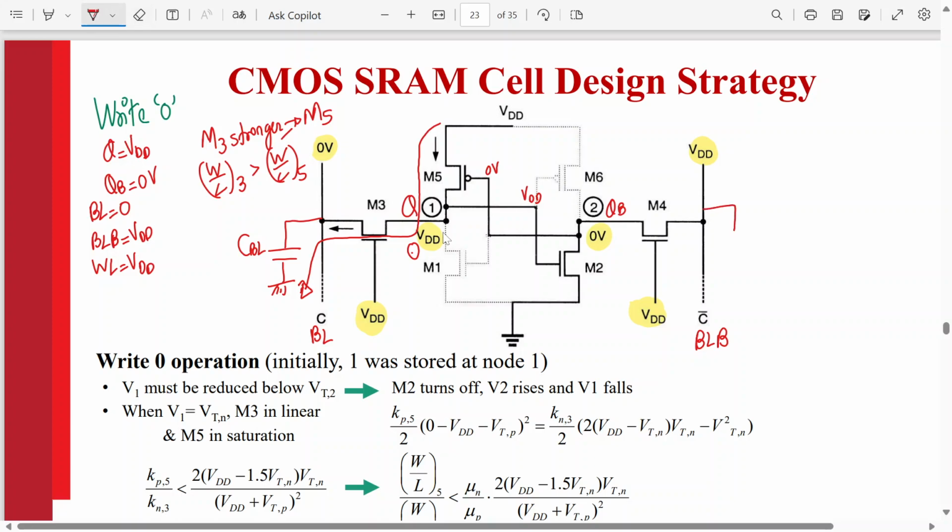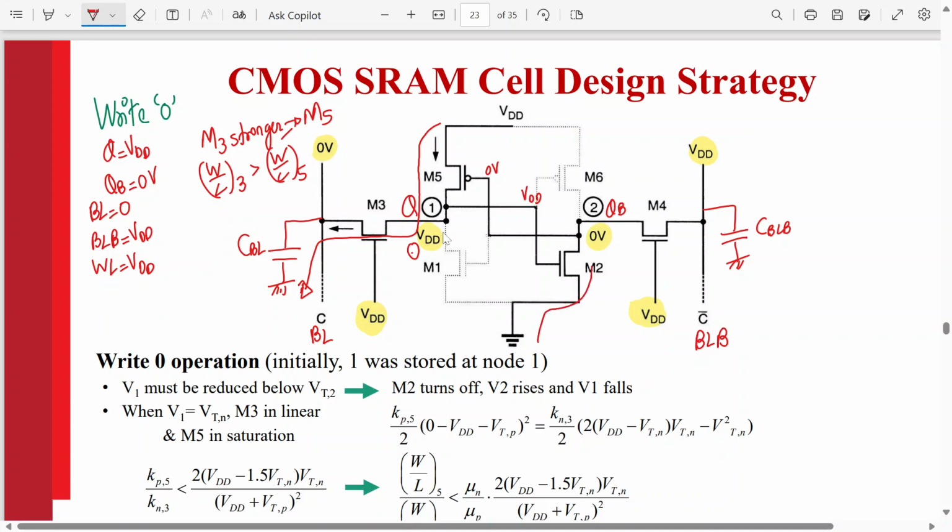Because this is BLB. So what is happening here now? QB will become 1, and so this will charge, right? What will happen over here? Will it charge or discharge?